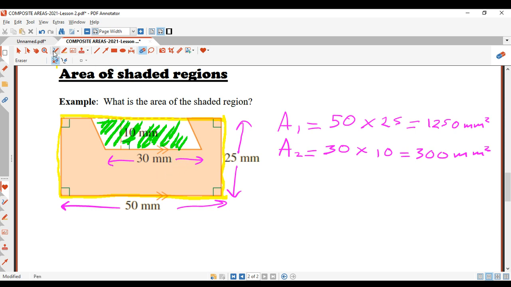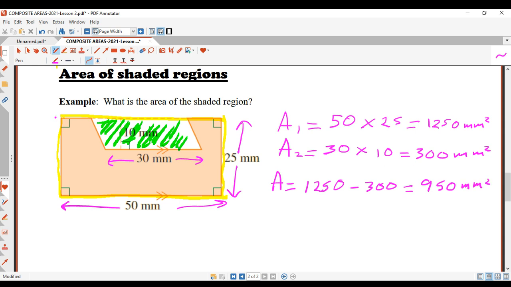So let's use the subtraction method then. So the area of the shaded region, which is the pink part of that shape, is going to be 1,250 minus 300. Okay, so that is 950 millimeters squared.